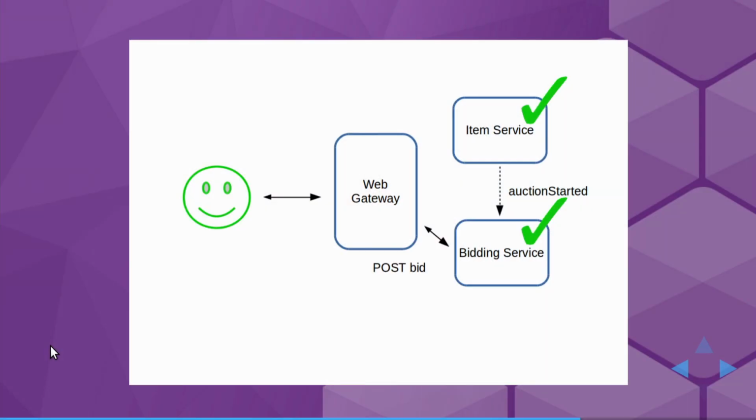It goes one way, and they don't have to be up at the same time. So if the bidding service is down, the item service is still happy because it doesn't care if the bidding service is up or down. Then when the user comes later and the bidding service is back up and a bid is posted, the bidding service will be able to process that message and respond accordingly.